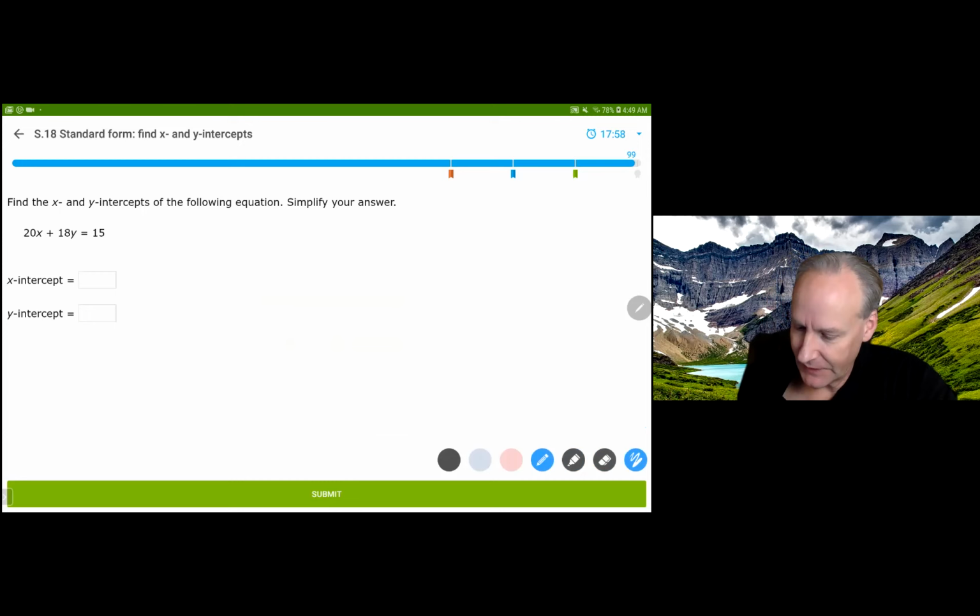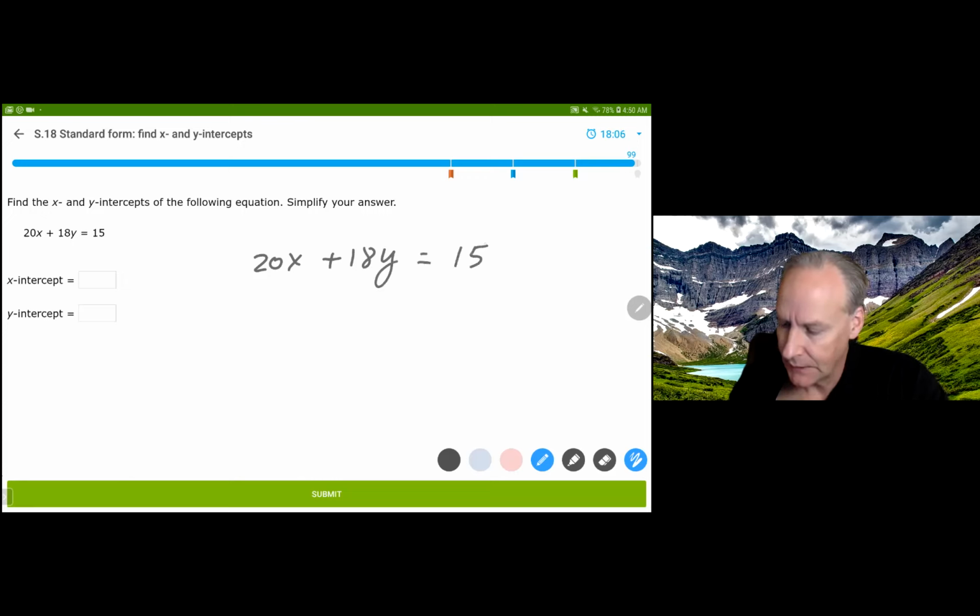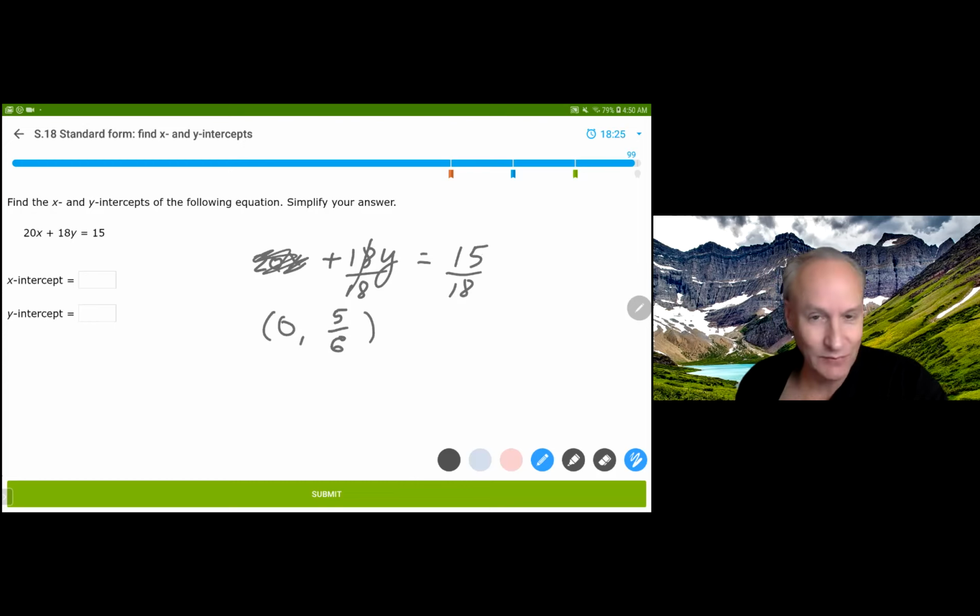And we did have a final one here. All right, for my last one, I'm going to go ahead and write it out. 20x plus 18y equals 15. I'm going to let x equal 0. And that's going to give me divide by 18. And 15 over 18 is really divide by 3. And you get 5 over 6. You don't want the decimal for that. 0.833333 is kind of ugly.